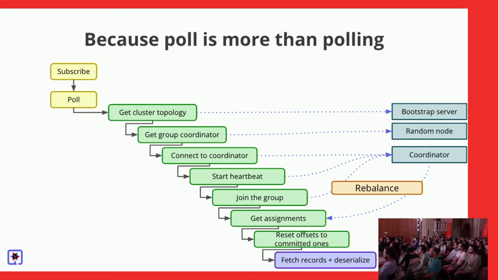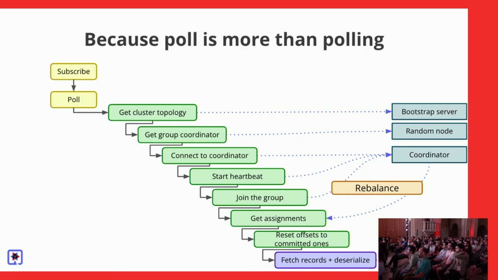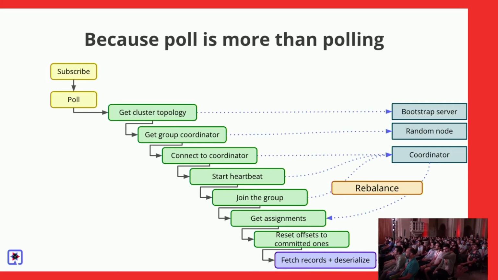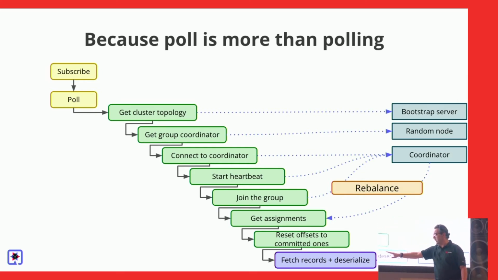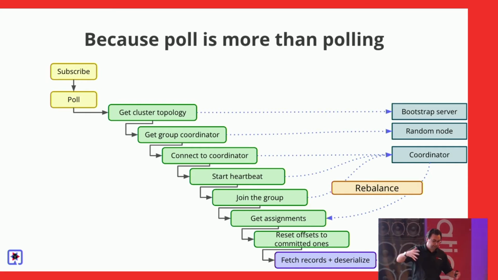That broker will start a heartbeat protocol with a consumer, which means that if you don't call poll again during that period that you defined, the coordinator will consider you dead, meaning that you will not get any more records. You can try to call poll, it won't work. You can try to commit, it won't work, because you didn't call poll enough. So once you do that, you join the group, there is a rebalance happening and so on, fine. You get the assignment, you reset the position, you fetch the records, and finally you get the records.